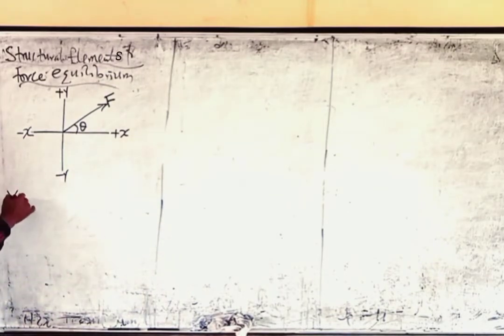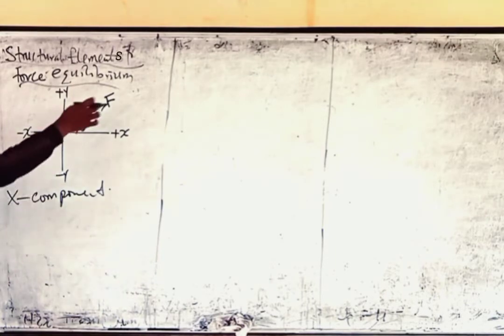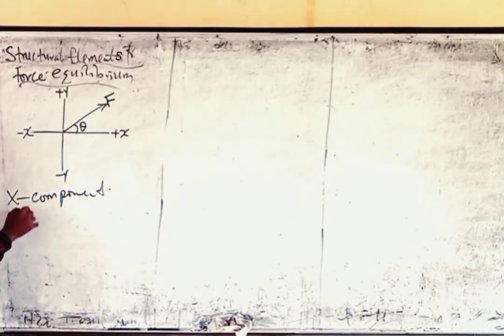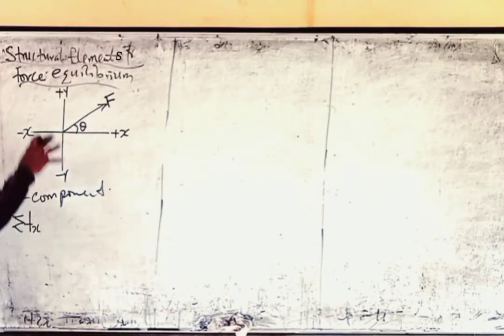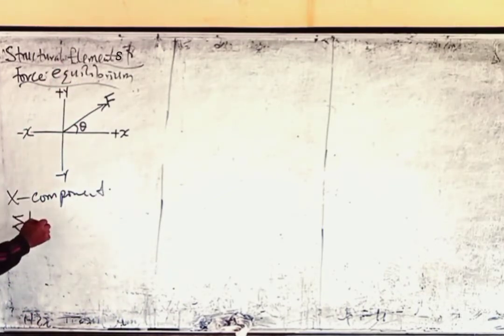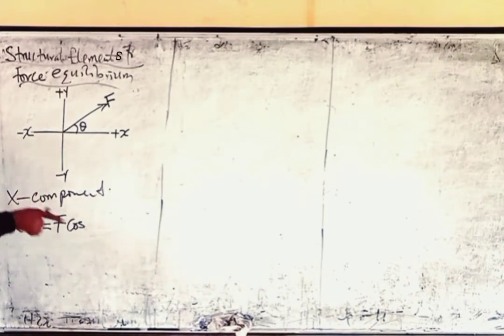So if I ask what is the x component of this force, the summation of all the forces in the x direction at equilibrium should be 0. The sum of all the forces in the x direction will be equal to the force times the cos of the angle between the force and the positive x-axis.